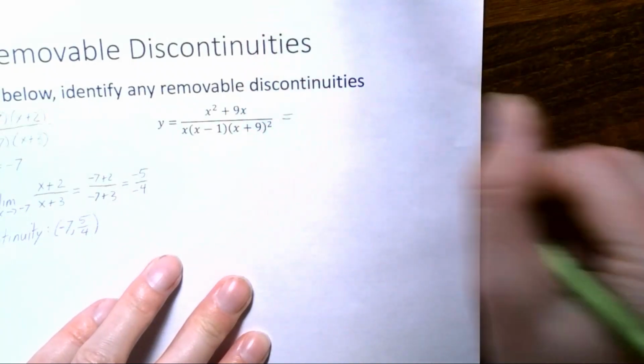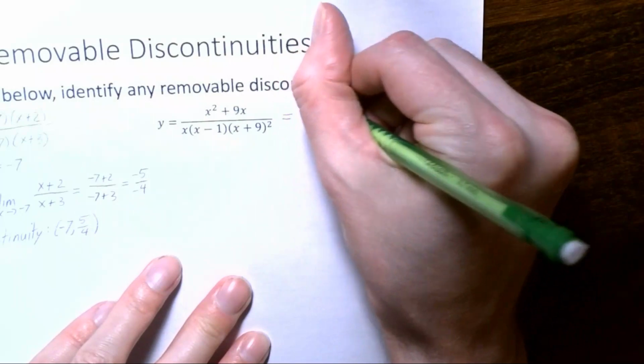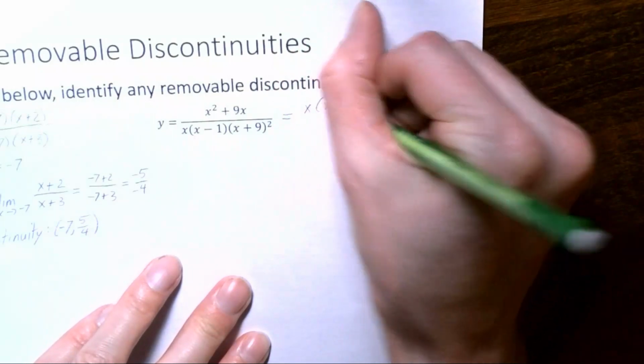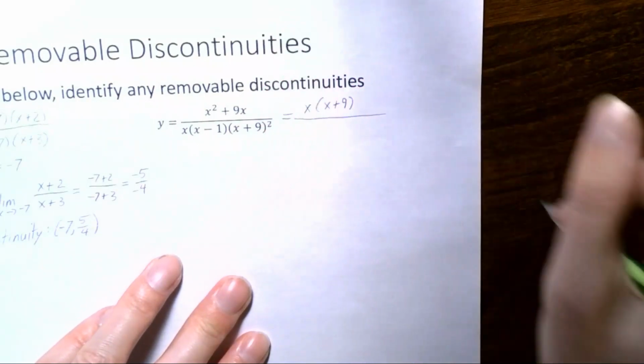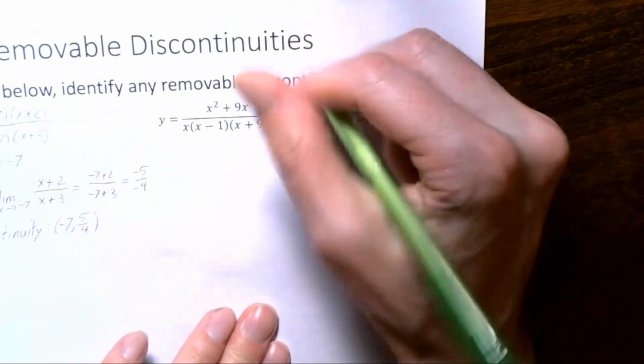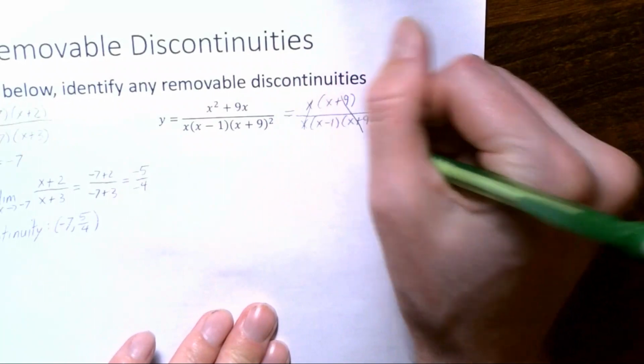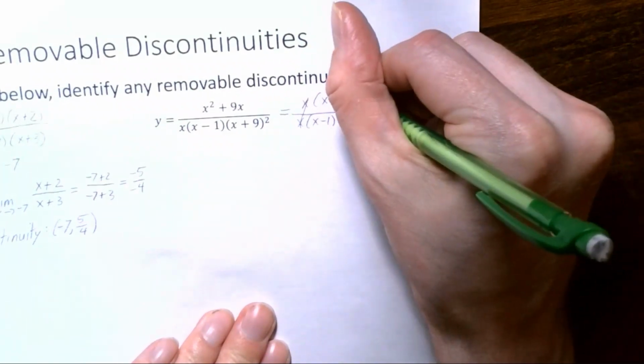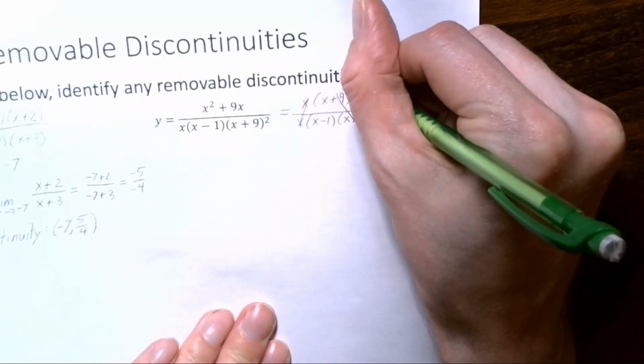The top factors to x times x plus 9, and then the bottom is already factored for us. From here, we can cancel the x, we can cancel the x plus 9.